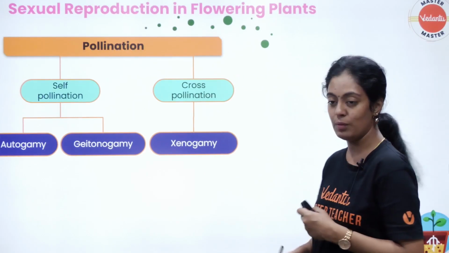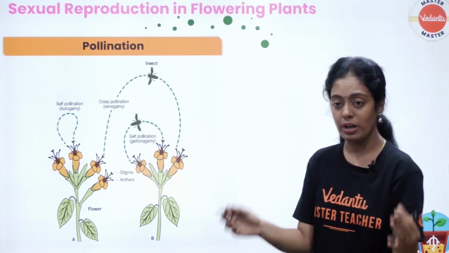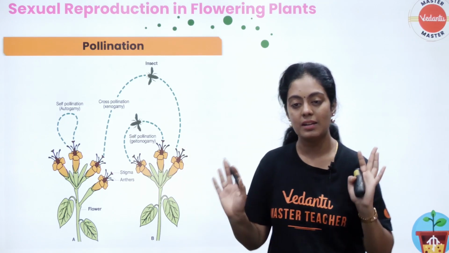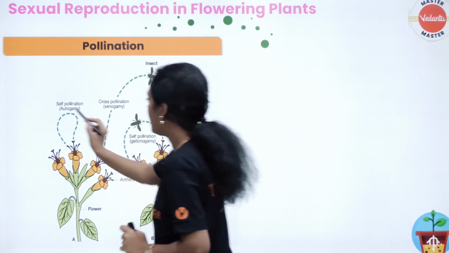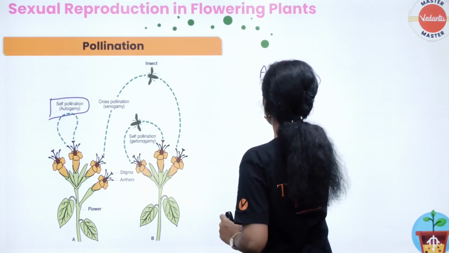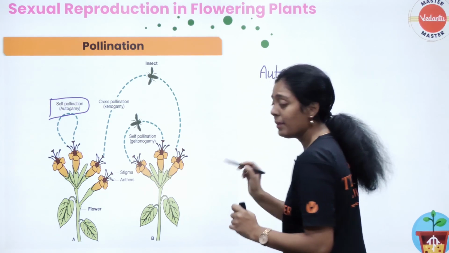I have a very beautiful picture, I will show it to you here. Look, the types of pollination are very important, many people get confused, we will clear it very simply. First, in self pollination there are two types. The first one is autogamy. What is autogamy, children?